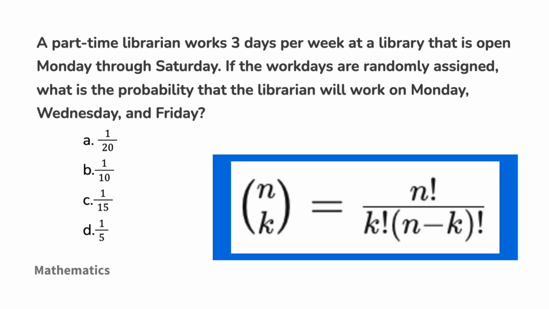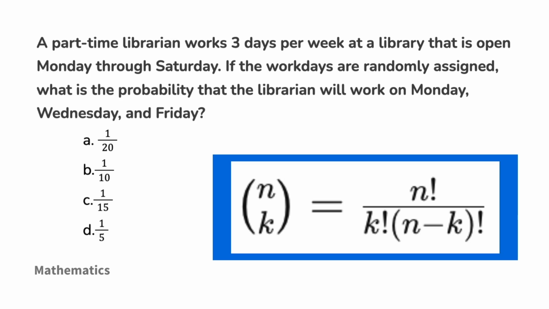So next, let's calculate the total ways to choose any 3 workdays. To do so, we'll use the combination formula to determine the total number of ways to choose 3 days out of 6. That formula looks like this. Note, if it's been a while, the exclamation point in the formula represents a factorial, which is used to multiply a series of descending natural numbers down to 1.